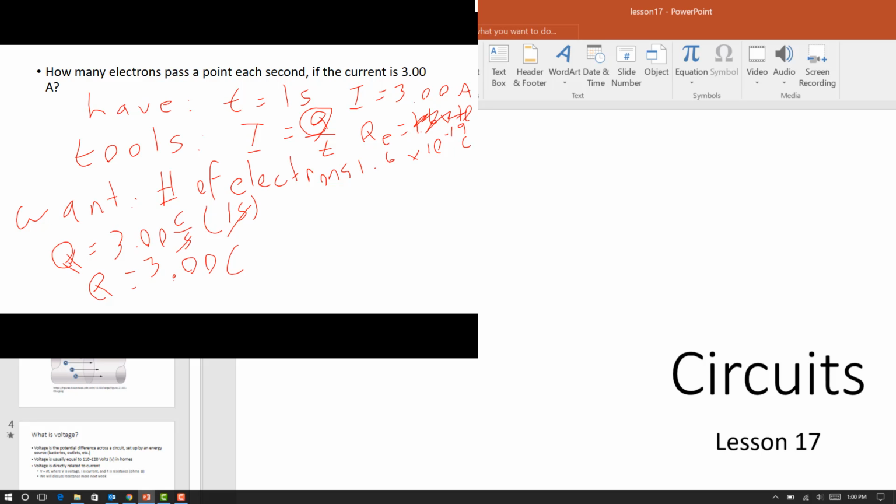All right. So the number of electrons, I didn't give you this tool before, but the number of electrons is going to be equal to the charge Q divided by Q of a single electron.